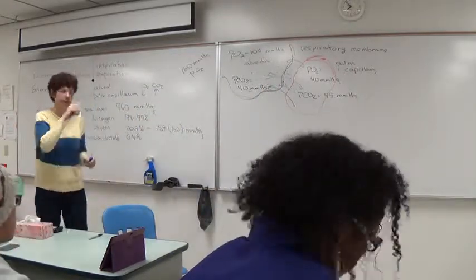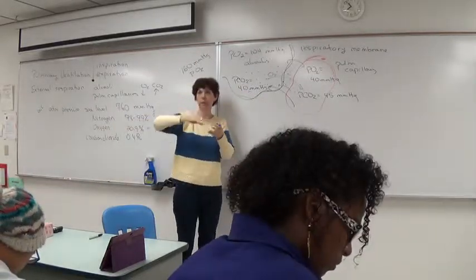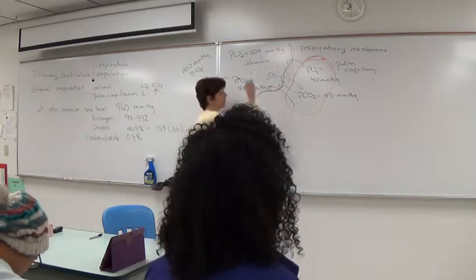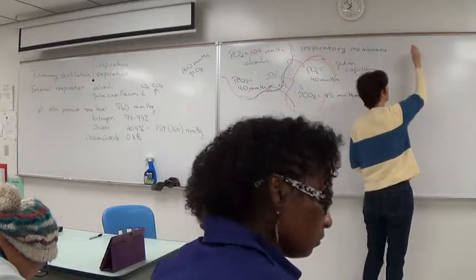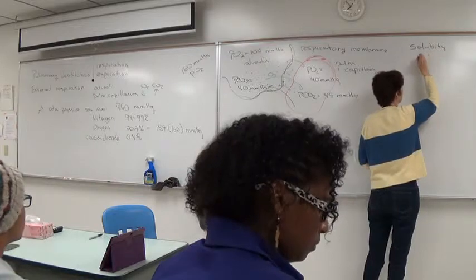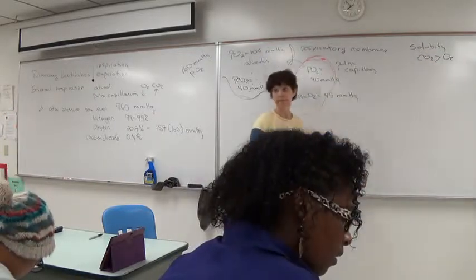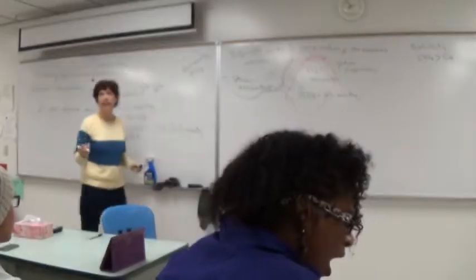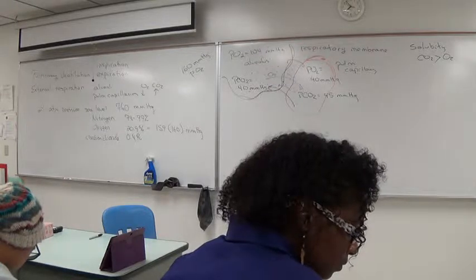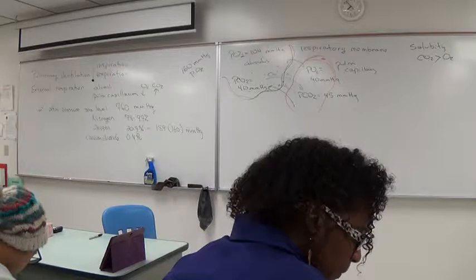One of the major reasons why we don't need as great a difference between carbon dioxide in the capillary blood and in the alveolus is because carbon dioxide has a greater solubility than oxygen. And so it's more easily transported by diffusion between the lipid molecules of our membrane, and therefore we don't need to drive it with as high a pressure gradient.